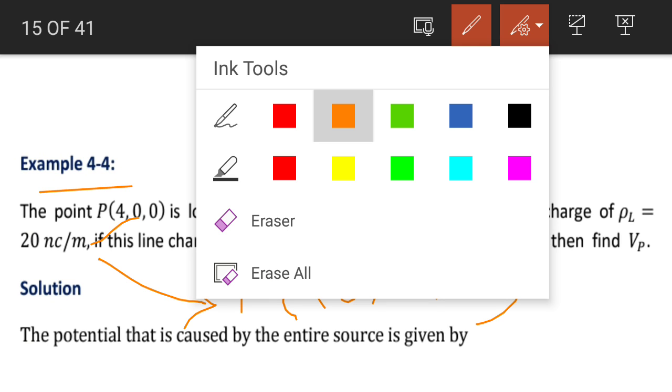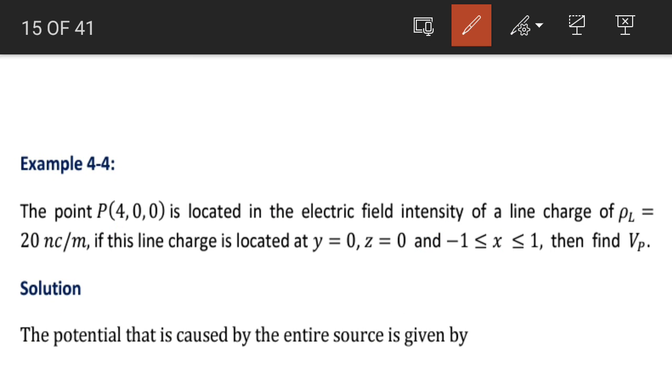This point is located in the electric field intensity of a line charge, and the line charge density of the source is 20 nanocoulomb per meter. If this line is located at y is equal to 0 and x is equal to 0, another mistake over here, this is x.